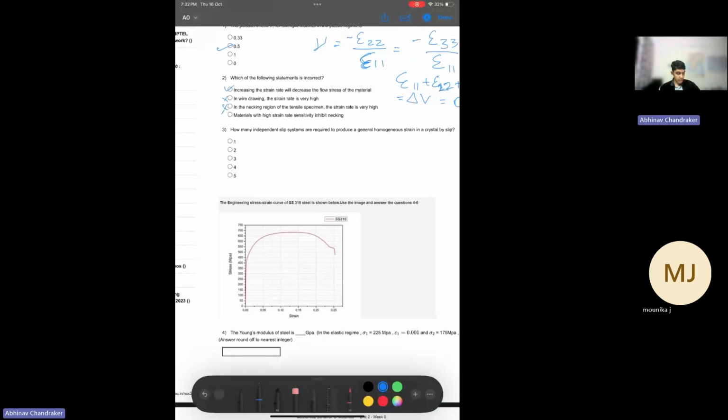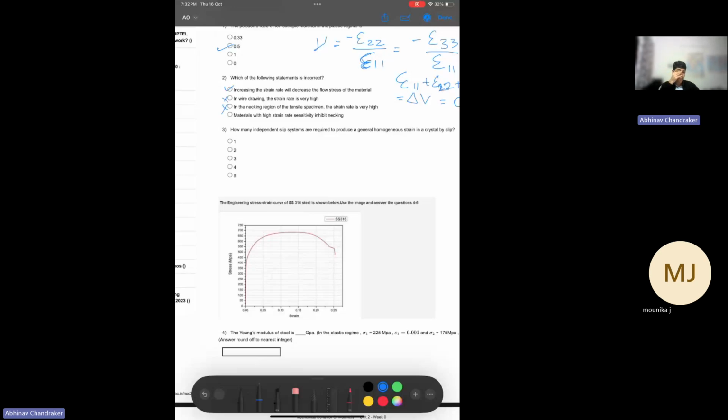Materials with high strain rate sensitivity inhibit necking. High strain rate sensitivity means that if the strain rate is increasing, the flow stresses also increase very rapidly.